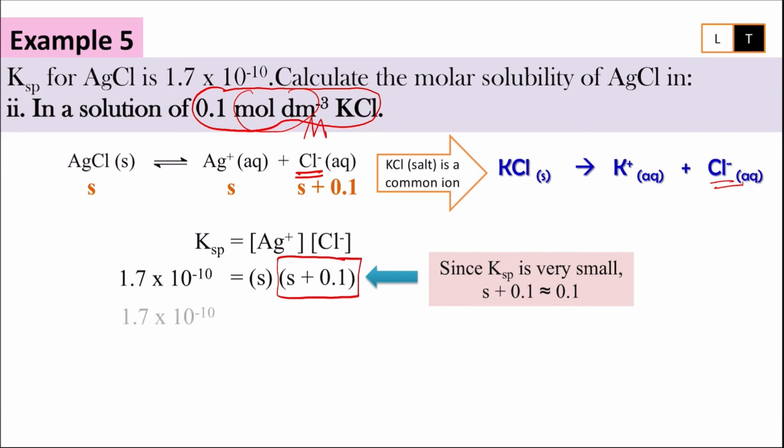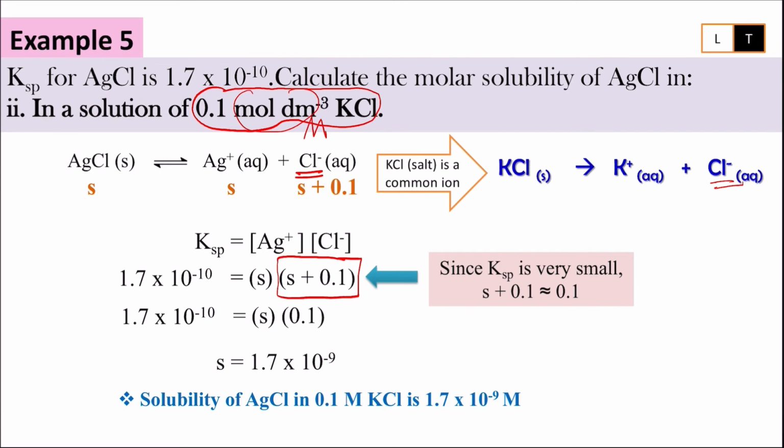So awak akan continue the equation to get the final value for S is 1.7 exponent negative 9. Jangan tinggalkan jawapan macam ni je. Tulis satu conclusion. Where solubility of AgCl in 0.1 molar KCl is 1.7 exponent negative 9 molar. Jangan lupa unit. So, settle untuk dua condition yang kita gunakan nilai KSP yang sama untuk AgCl.